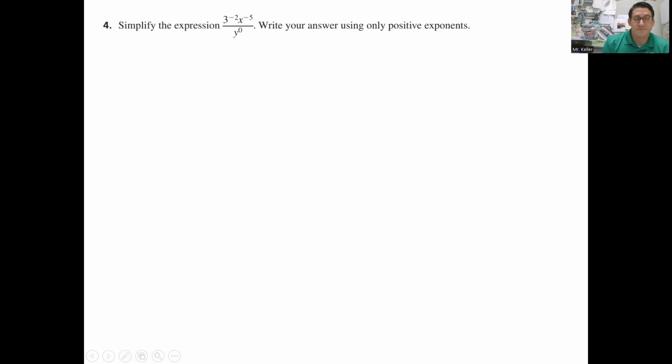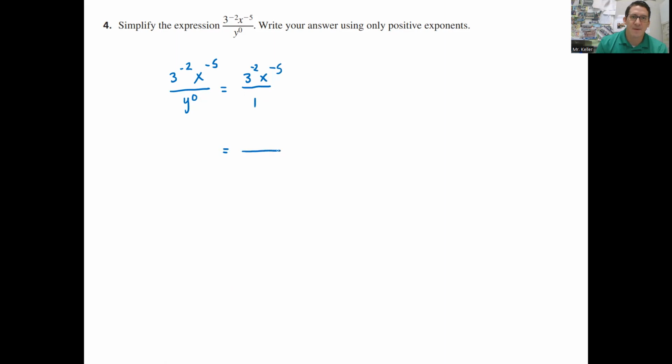Here's another one. We're going to simplify the expression, writing your answer using only positive exponents. I'm going to rewrite it down here, just so I have a little bit more space to work. First thing I'm going to do is take care of that 0 exponent. Anything to the 0 power is 1. So 3 to the negative 2, x to the negative 5.